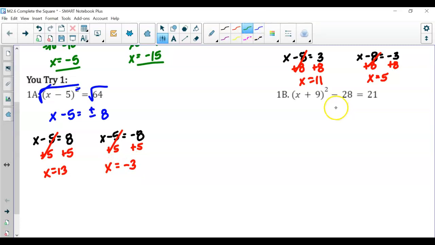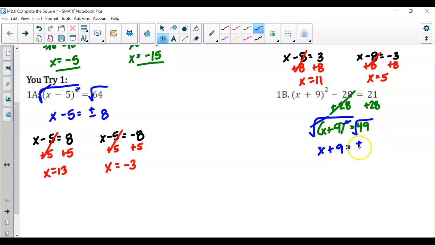Then here, you should have added 28 first, because it's outside and it's being subtracted. Now you bring down x plus 9 squared is equal to 49. Now you can take the square root to get rid of the exponent. Here I've got x plus 9 is equal to the square root of 49, plus or minus 7.